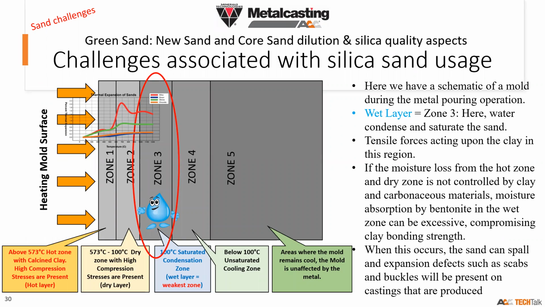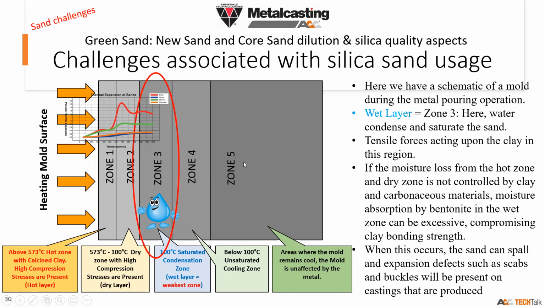This slide shows, on that side, the metal arriving in contact with the green sand, and here the green sand from the skin level in contact with the metal to further in the mold, zone 1 to 5.